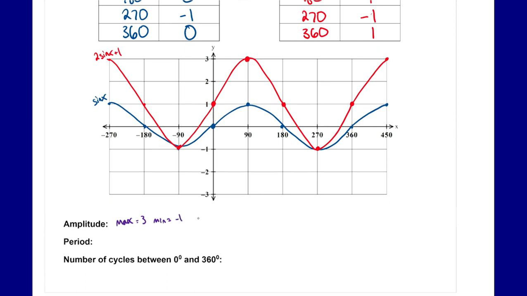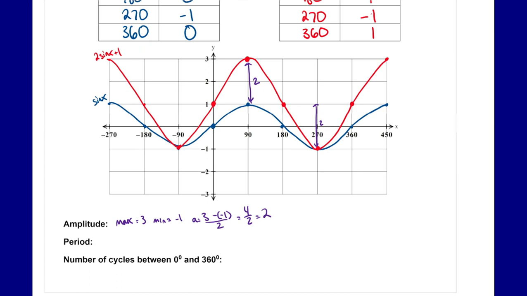So our amplitude is 3 minus -1 divided by 2, or 4 divided by 2, or 2. So that means the amplitude is here. This is 2 units, this is 2 units.